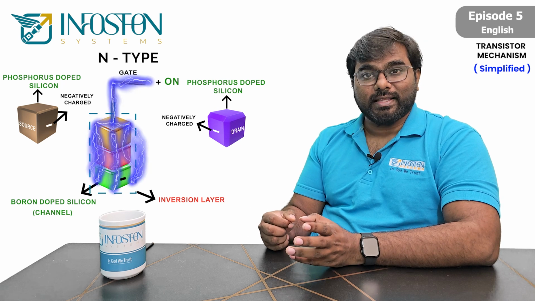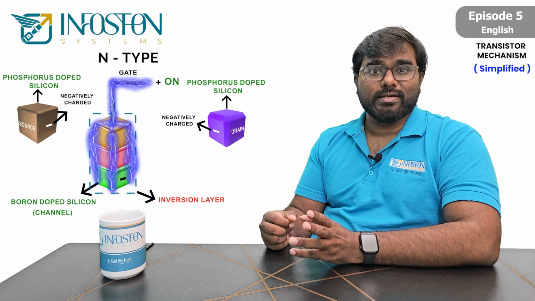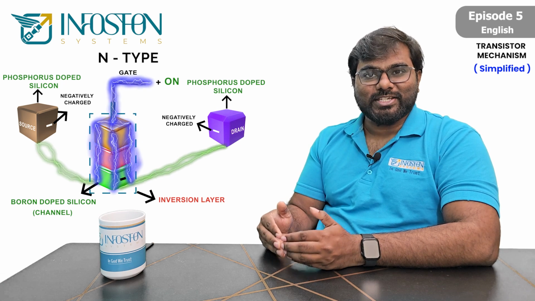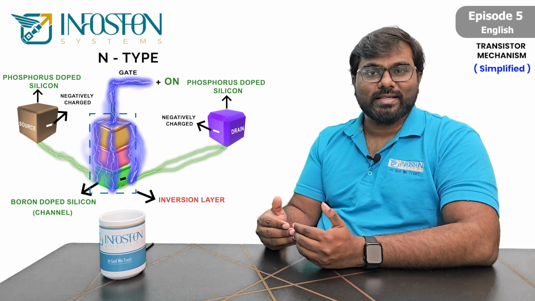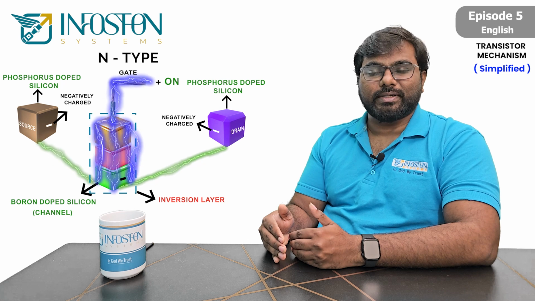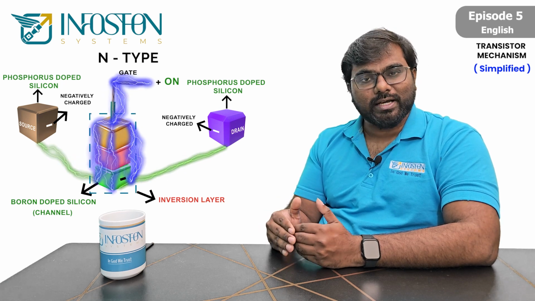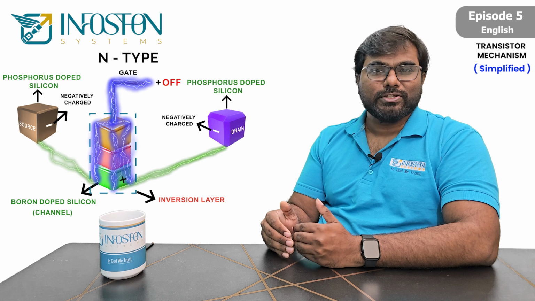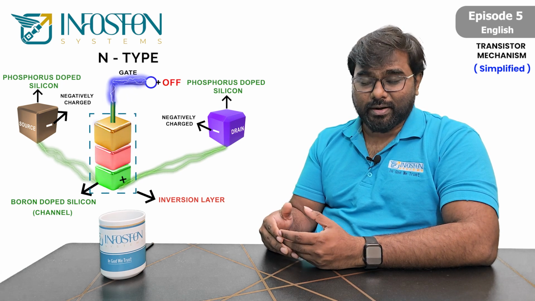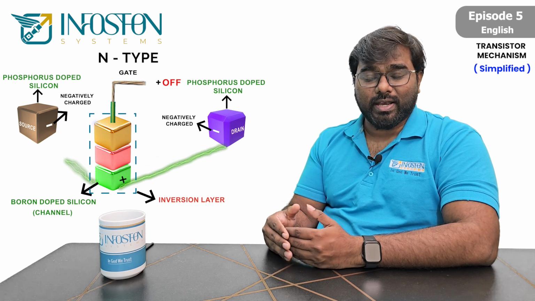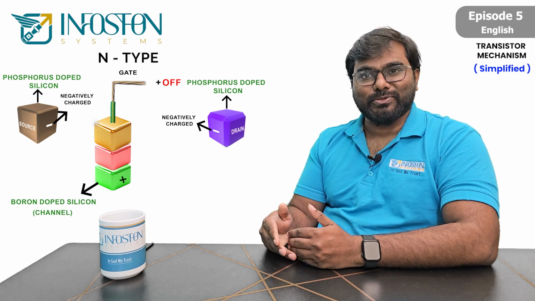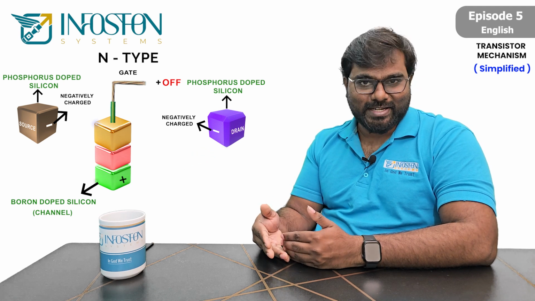So current flows from source to drain through the channel. The channel will act like a bridge, because as long as the inversion layer appears, the channel acts as n-type silicon, which allows the current to flow from the source to drain. As soon as you cut off the voltage from the gate, the inversion layer will disappear the same way, and the channel will turn back to its original state, that means p-type silicon.